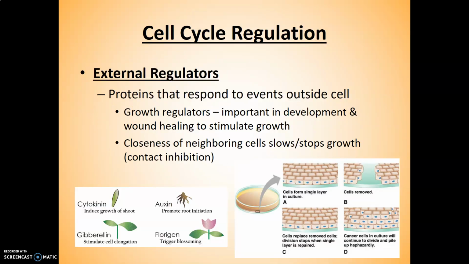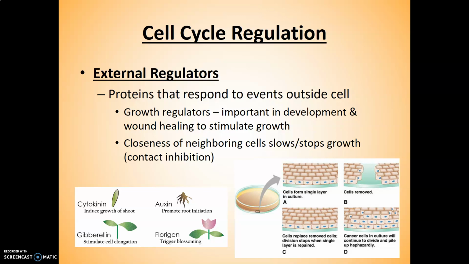You have external regulators, which are proteins that respond to events outside the cell. You have growth regulators, which are important in development and wound healing to stimulate growth. And then closeness of neighboring cells stops growth based upon contact inhibition. So let's say inside a classroom, people just keep walking in the door.